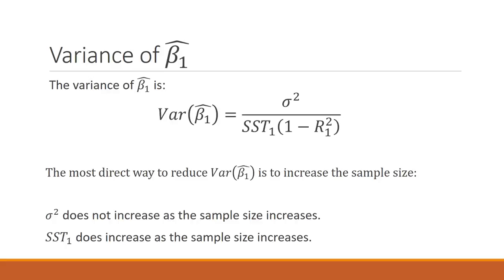Well, what do we know about the population function? We know that we don't have it. We don't have all the data from the population. So we don't know the population error term. We actually can't calculate this because we never know what sigma squared is.